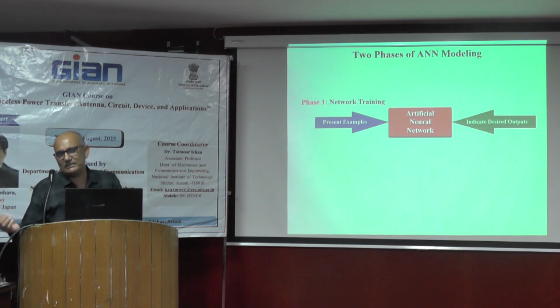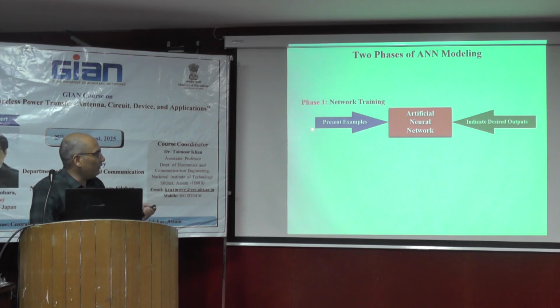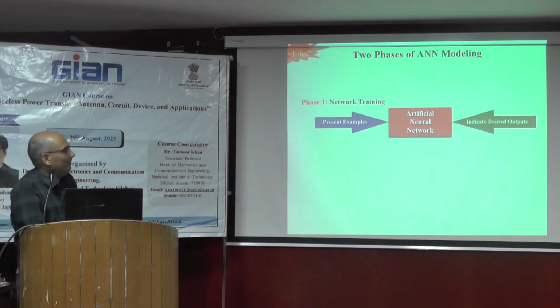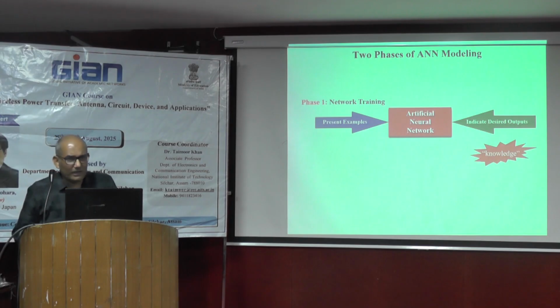At each step, the weights and bias matrices are changing, and finally when you are able to give all sets of inputs and outputs, the model will be trained, in the sense that some knowledge will be gained.